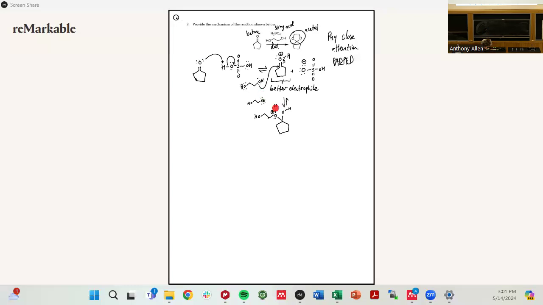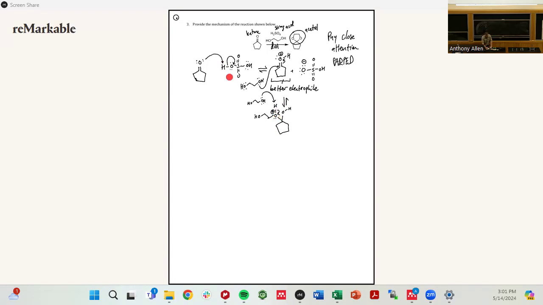So if I want to deprotonate, where do my arrows need to start? At the base, which is here. They need to go to where? To the hydrogen. And then I need to break what? The OH bond.